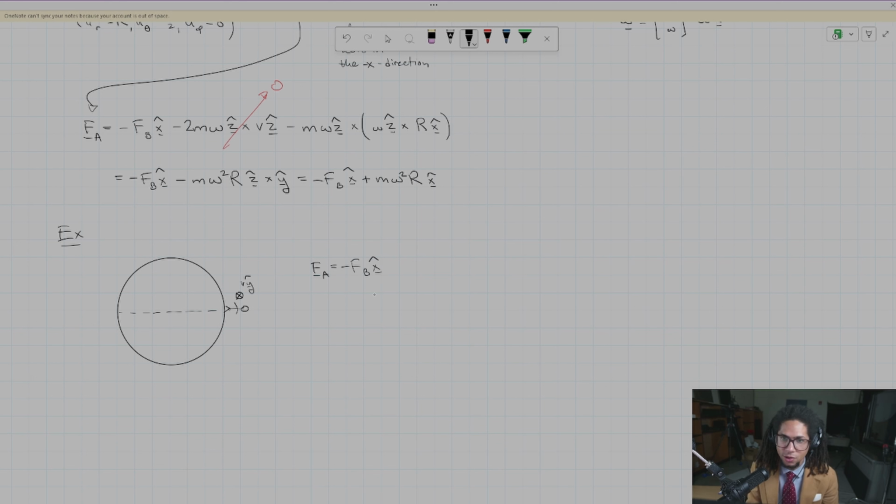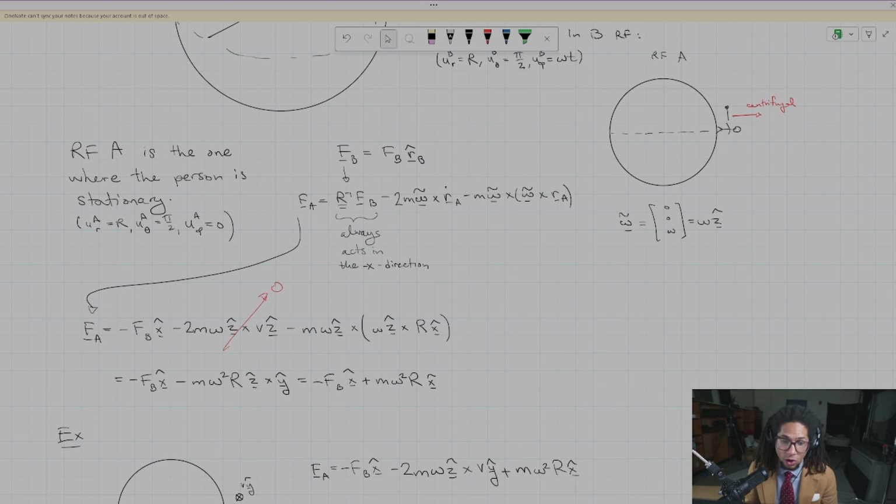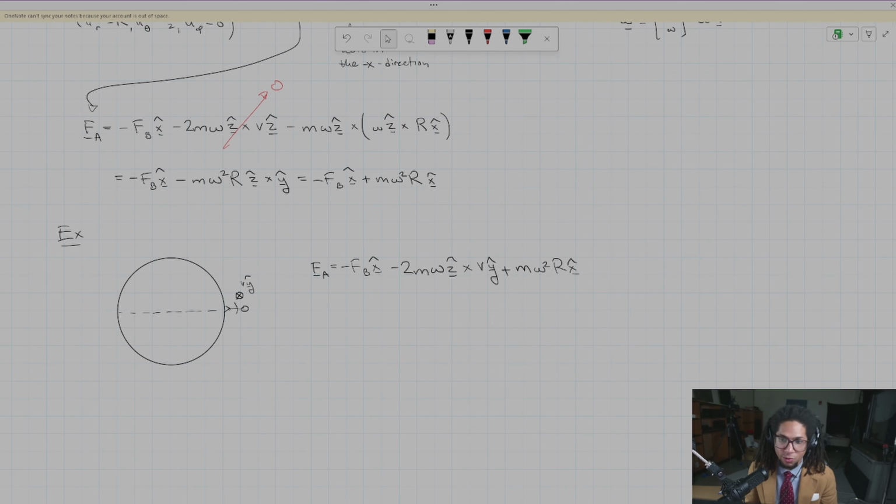That hasn't changed at all. Now I'll get minus 2m omega z hat cross v y hat, minus, same as before, m omega squared r x hat. So this has not changed at all. Plus m omega squared r x hat. So because the centrifugal force only depends on where you are relative to the axis of rotation, the centrifugal force doesn't care that we changed the direction that we threw the ball.